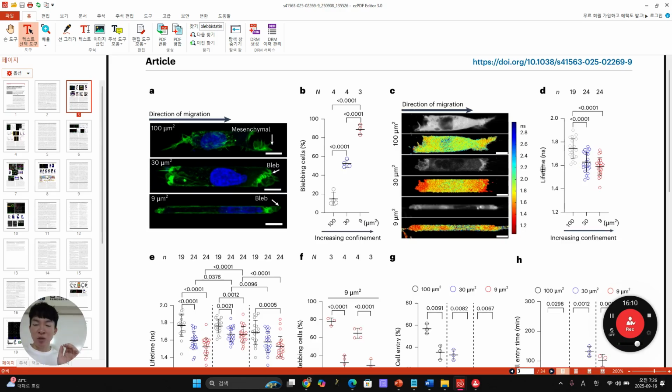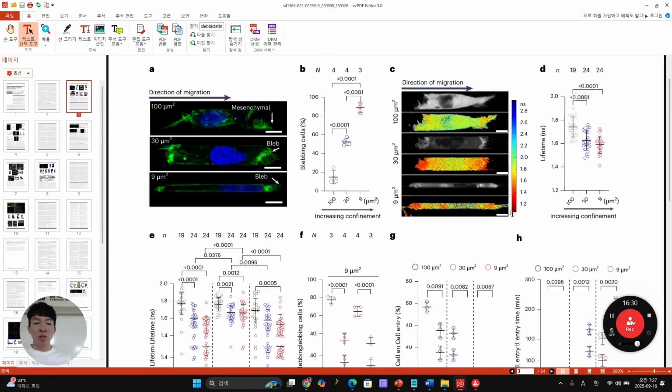The meaning of this is that when the lifetime is decreasing, it shows a high activity of Rho. So in live imaging, they found that compared to the 100 micrometer scale, cells at the 9 micrometer scale have less lifetime, which means more Rho activity. Definitely, okay? When they squeeze out, they need some power, Rho activity, okay?